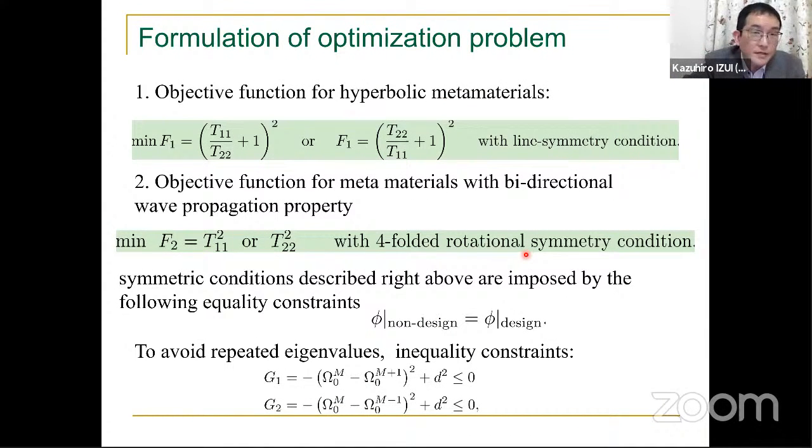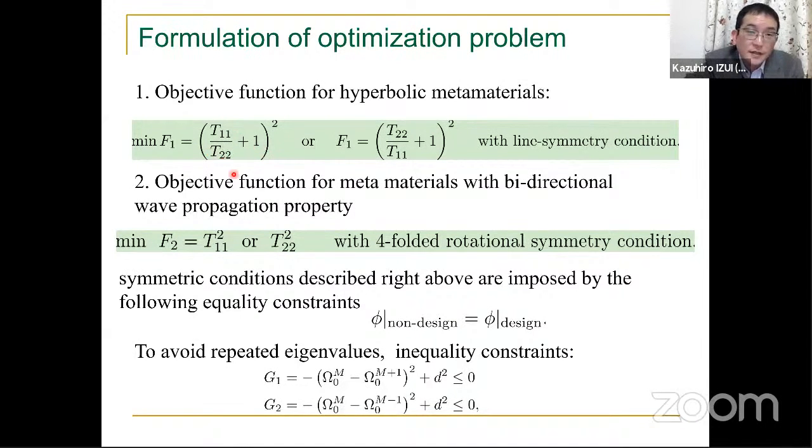So the objective functions for design of hyperbolic metamaterials for each case can be formulated like this slide. The first objective function is formulated so that the ratio of T11 and T22 tensor values equals -1.